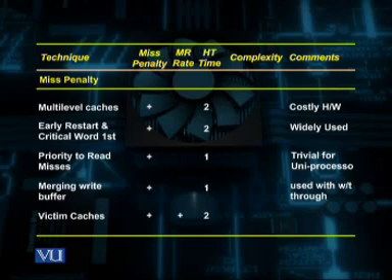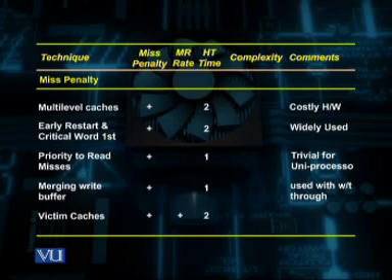For example, here you can see that the techniques used to reduce the miss penalty have a complexity range from 1 to 2, where you can see that multiple caches, which is a hardware technique, is costly and has a complexity level of 2, whereas the early restart and critical word first technique is widely used, and the priority to read miss is a very trivial technique for uniprocessors, and it has very simple operational principles. Therefore, its complexity level is 1.